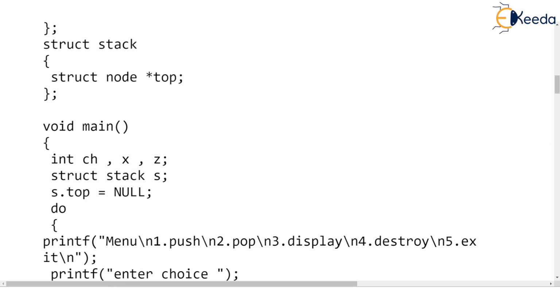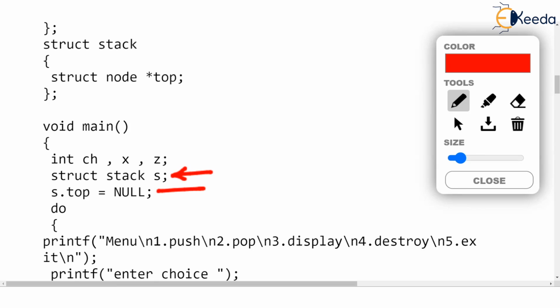And now we can call the push function. Basically, at the moment, we have S, which has a variable called top, and this top is initially null. Now our interest is that in the memory we want to create a node. Yes, we want to create a node which stores data and there is a pointer called next.